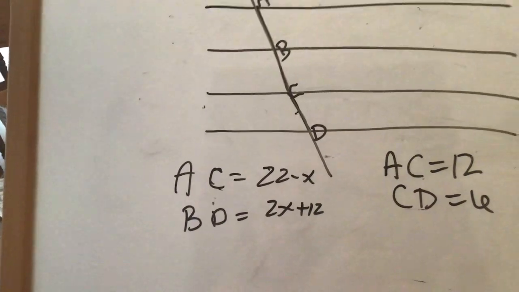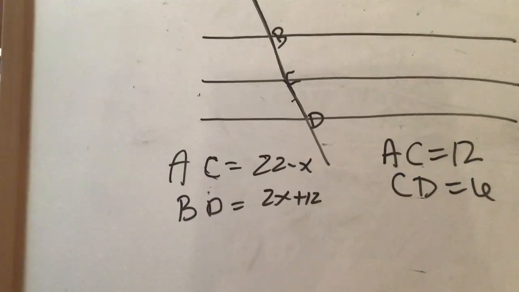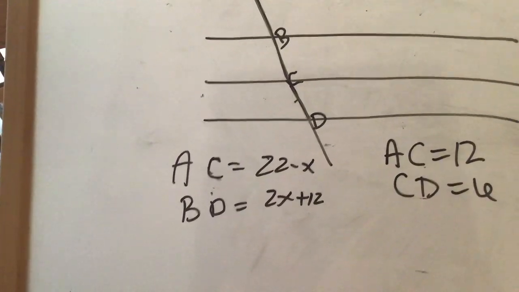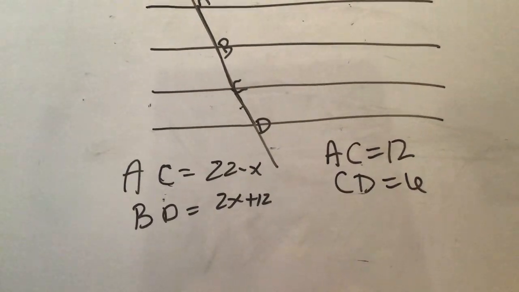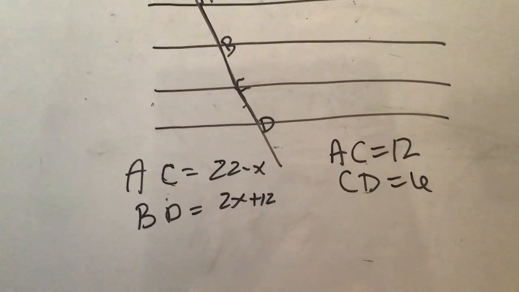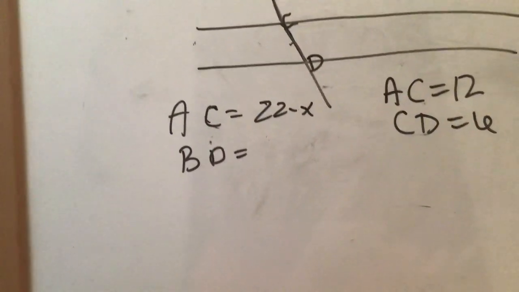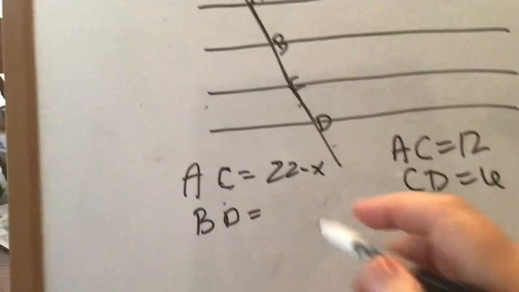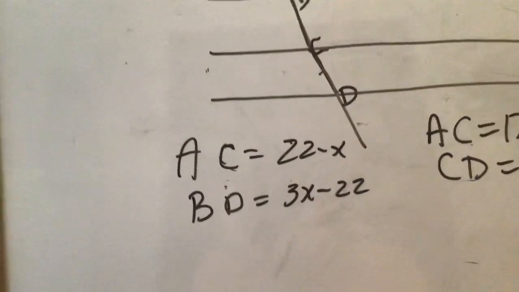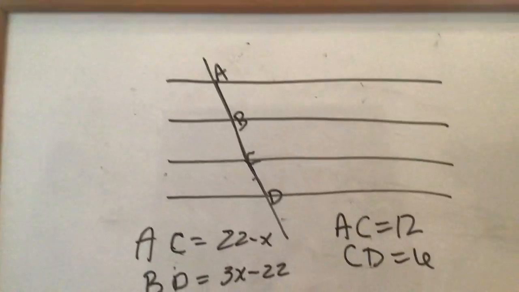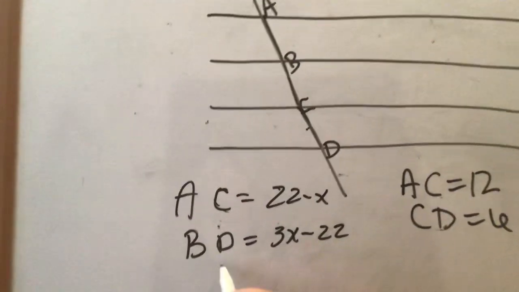Oh, I got off on the wrong track. Sorry, BD was supposed to be 3x minus 22. Okay, so we just set those equal to each other because AC is 2 lengths and BD is 2 lengths.